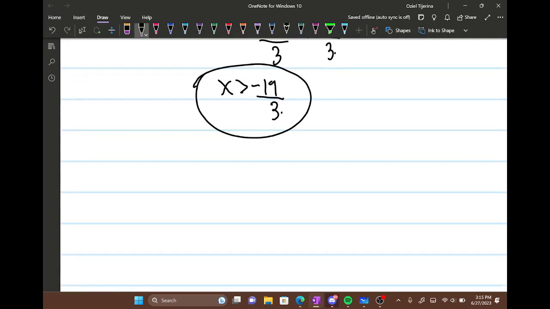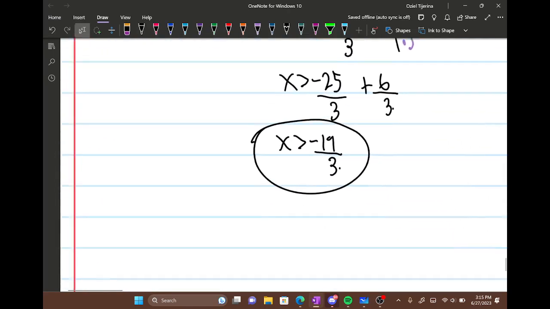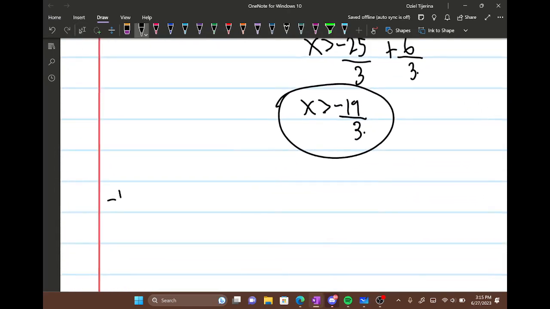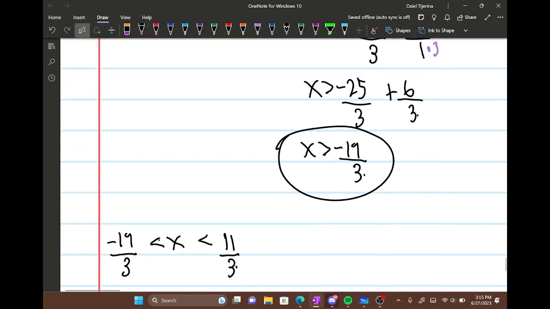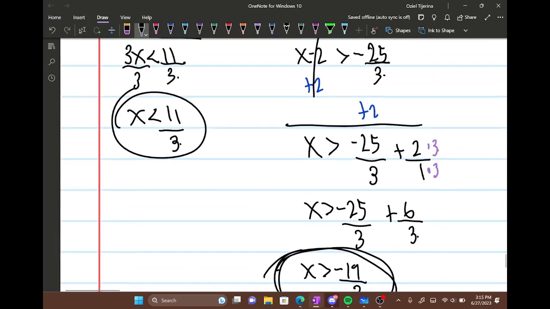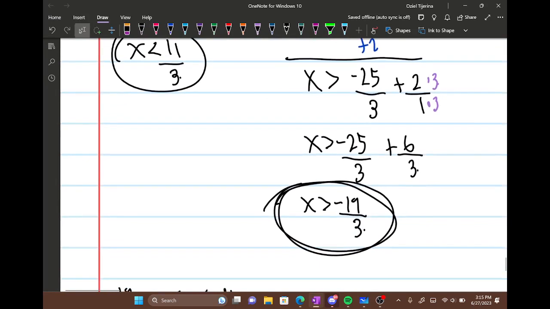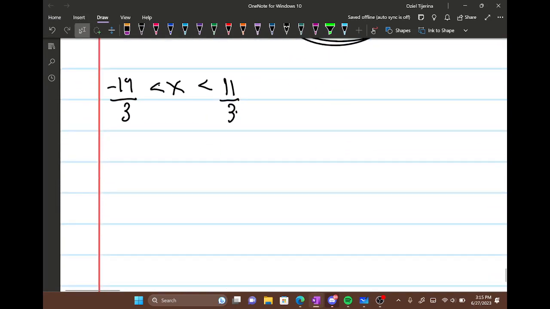These are my two answers. So -19 over 3 is less than x, which is less than 11 over 3. Since it looks like this, you're always going to write it as an interval. In interval notation, it's (-19/3, 11/3).